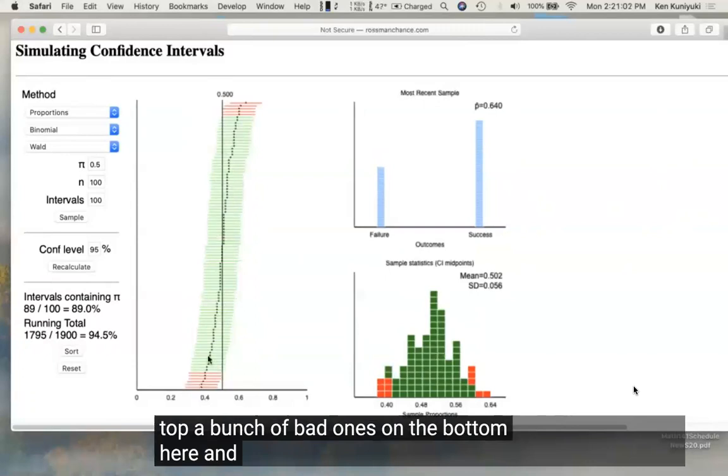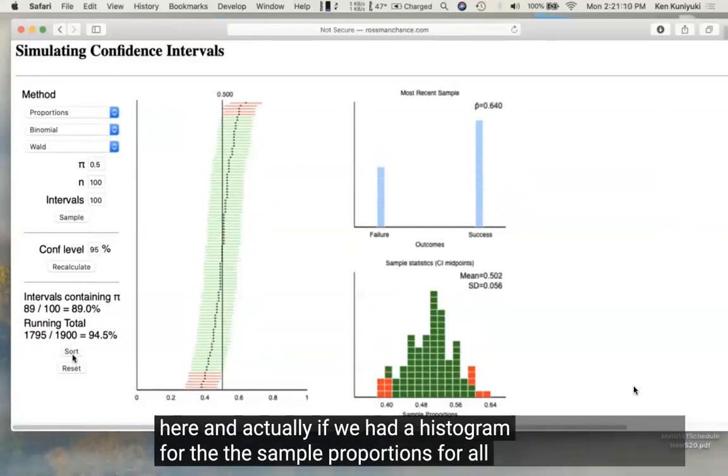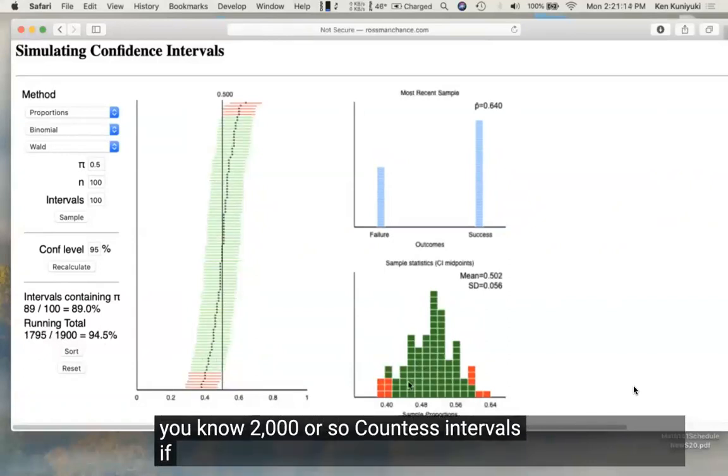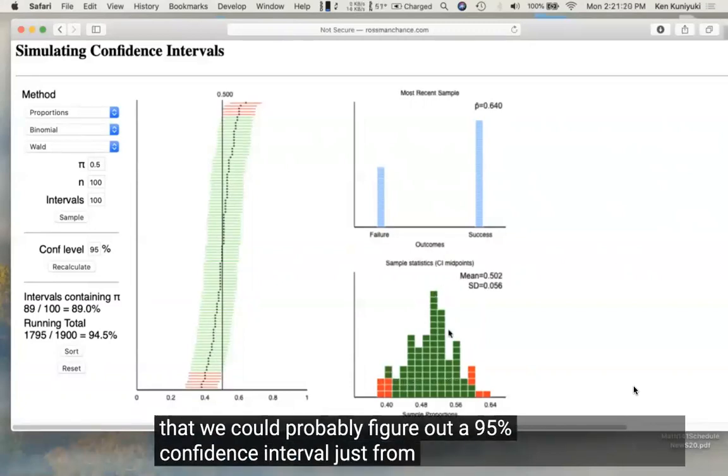Sample, sort. We have a bunch of bad ones on top, a bunch of bad ones on the bottom. And actually, if we had a histogram of the sample proportions for all 2,000 or so confidence intervals, we could probably figure out a 95% confidence interval just from this simulation.